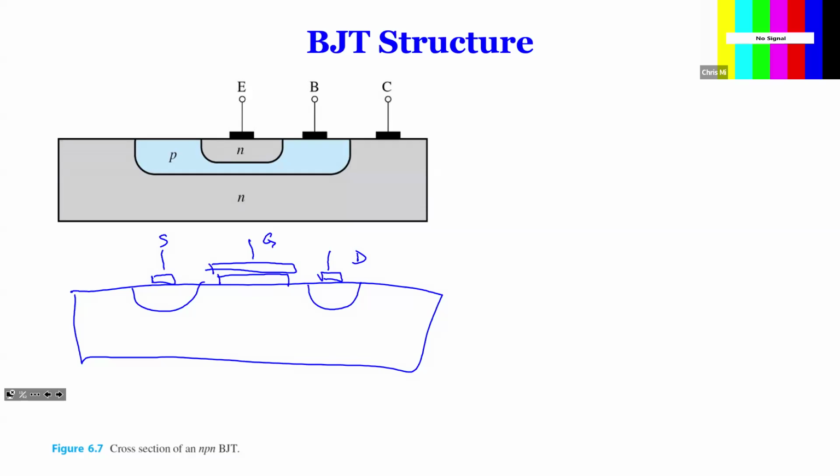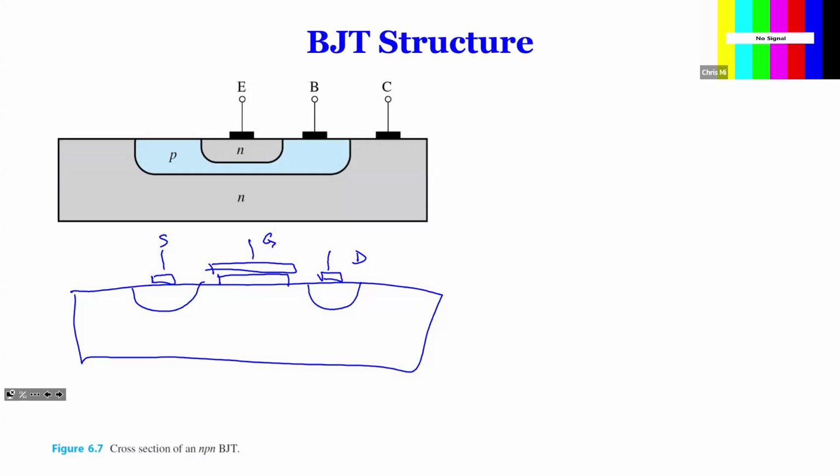A BJT is a semiconductor device. For MOSFET, everything we're talking about is a semiconductor device. The difference is here: the gate has a silicon oxide as insulator. Silicon oxide is an insulator, not a semiconductor material.